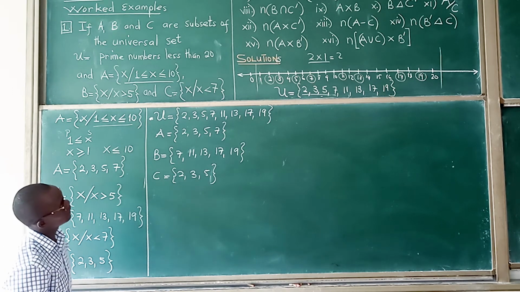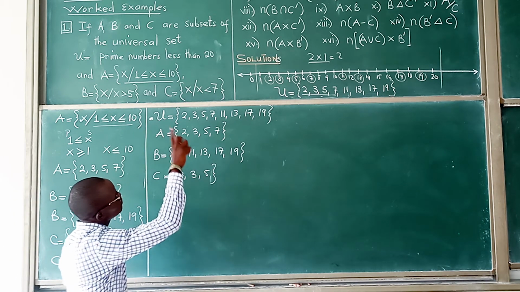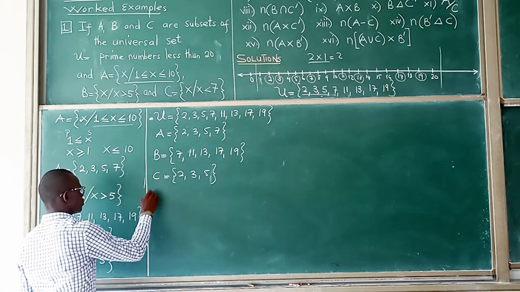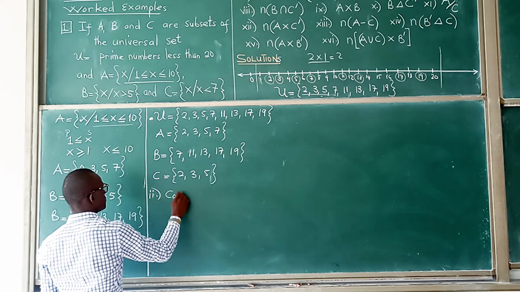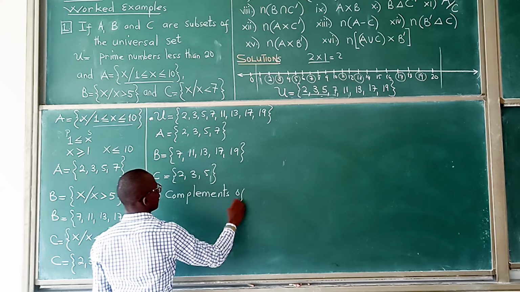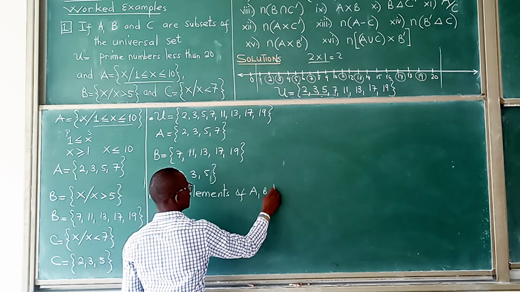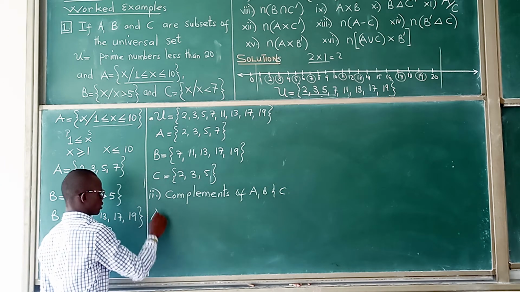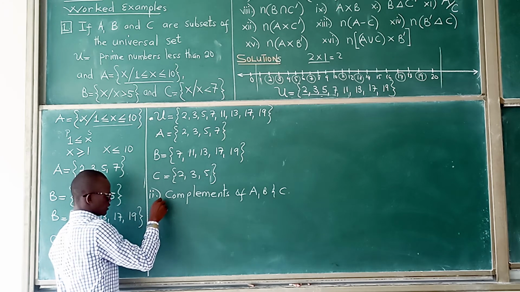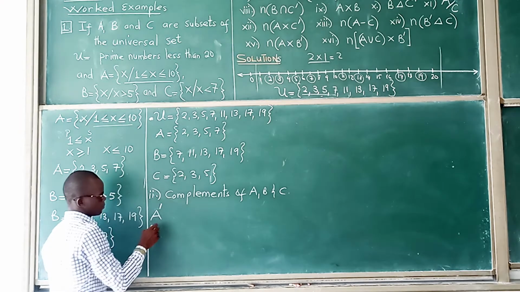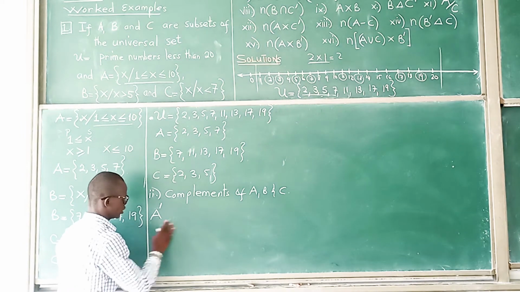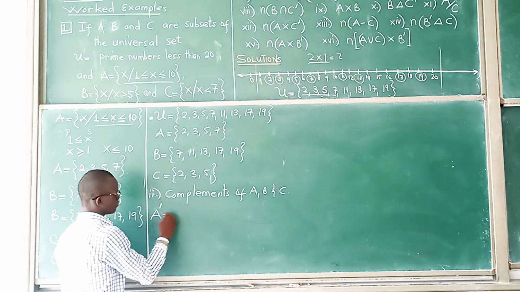The next question says we must find the complements of A, of B, and of C. So let's move to the first one, A. The complement of A is denoted as A prime, or we say A raised to the power C. Okay, so let's use A prime.